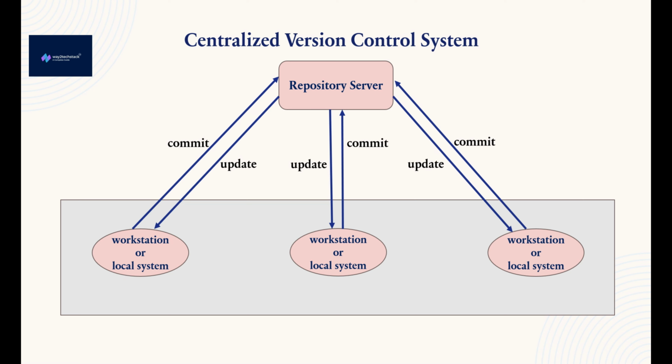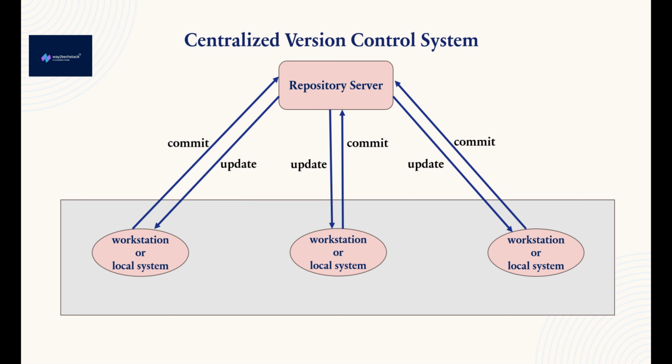Why? Because you are not storing any copy in your local system, so it will not occupy a huge amount of disk space. Everything is stored in the centralized repository. Which means if you are developing binary files for your software development, definitely we have to go for CVCS instead of DVCS.